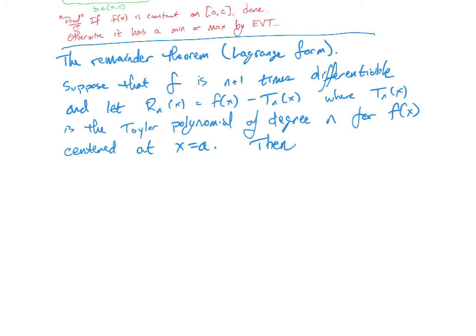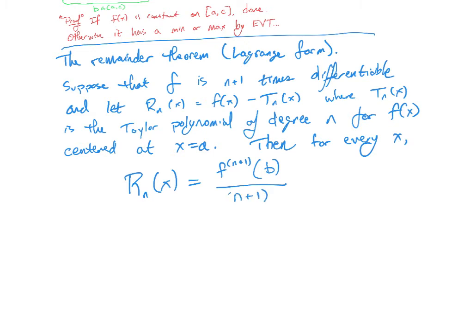Then, for every x, the remainder is by definition f of x minus Tn of x, but the remainder is also given by that.